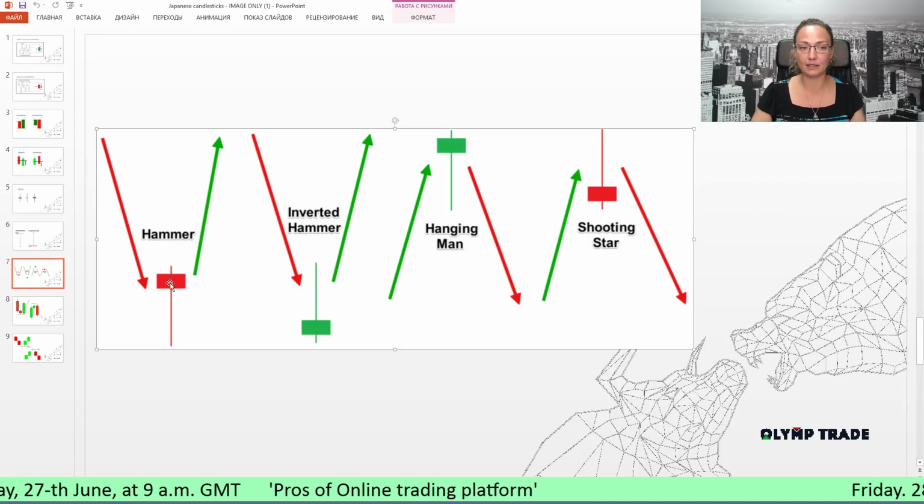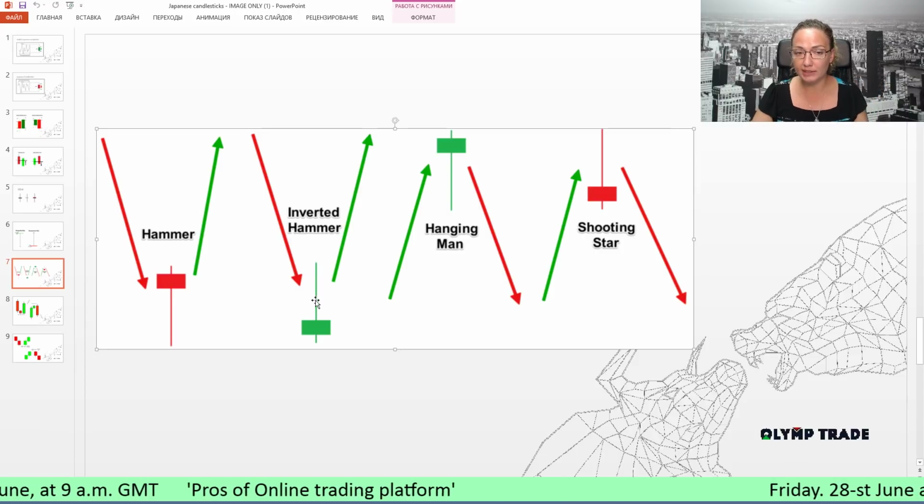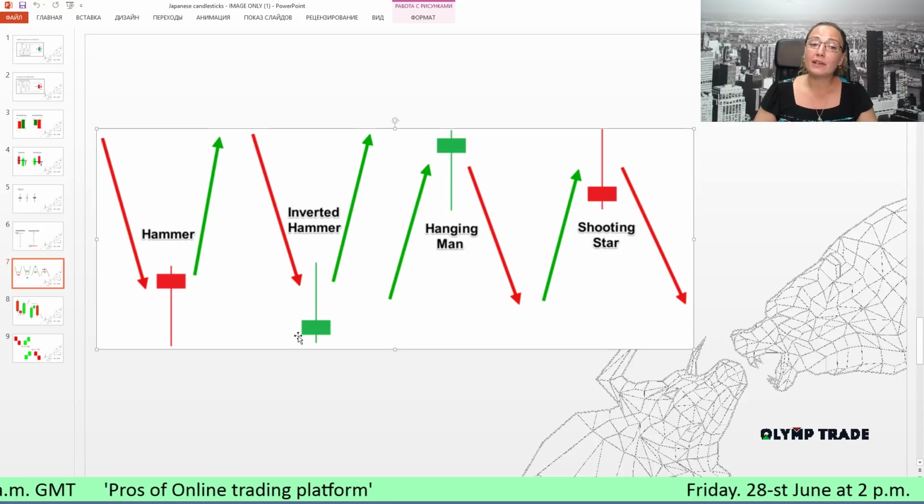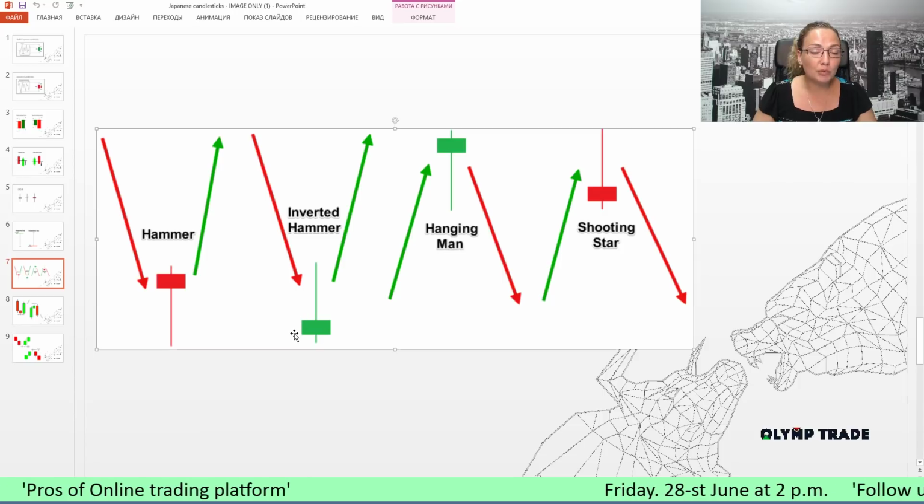So this is a sign of bullish strength. Likewise, this is also a sign of bullish strength. Why? Because we see that the bears are losing their momentum. They're not making lower lows, but we do see that the bulls are trying to push the price up.